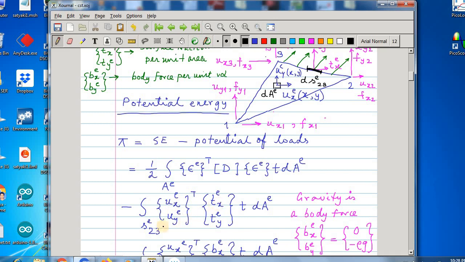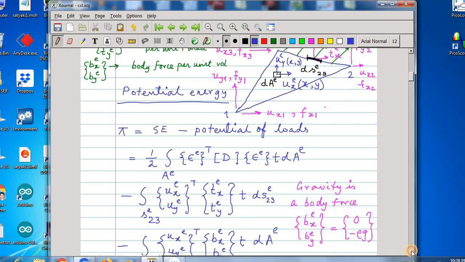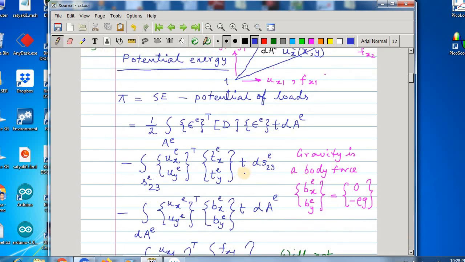This has to be integrated on S23e, and the thickness T is multiplied, so T into this gives the surface area.